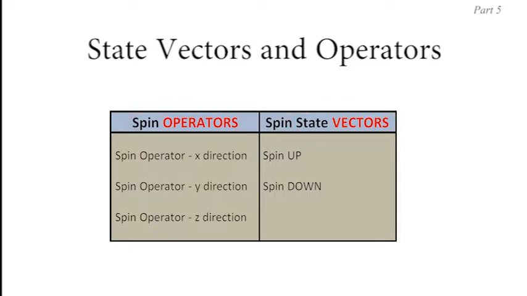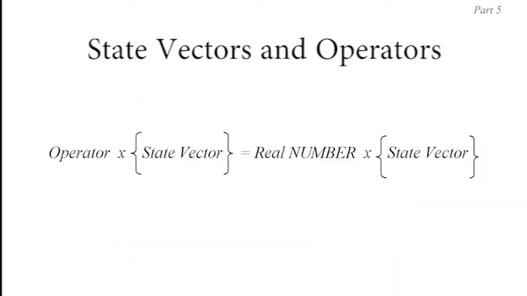However, the same basic rule will apply. If we want to measure the components of the spin of a state or situation in some direction, we will need to apply the spin operator for that particular direction onto the state under consideration, the state vector, and if we get a real number multiplied by the same state vector, then we will have a definite measurement of the spin component in that particular direction, and that measure will be given by the multiplying number.